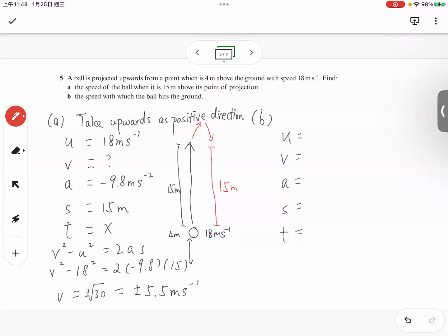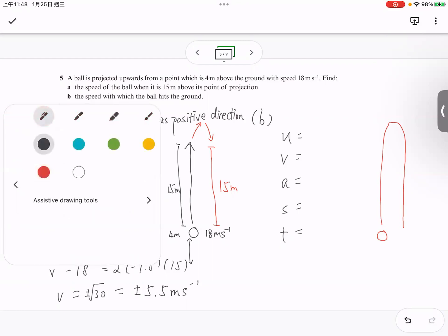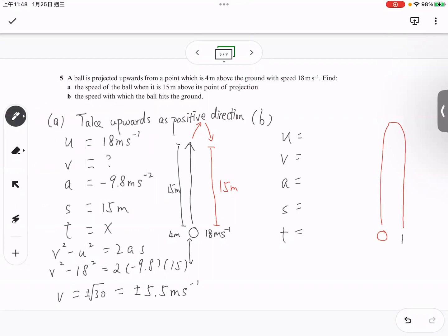And now for part B, it's a little bit tricky. This time it goes down and finally hits the ground. I do not care about when we throw it up and it goes down. I only care about when it goes back to 4 meters and finally hits the ground. We can see that s is negative 4 meters, so we choose negative 4 here.